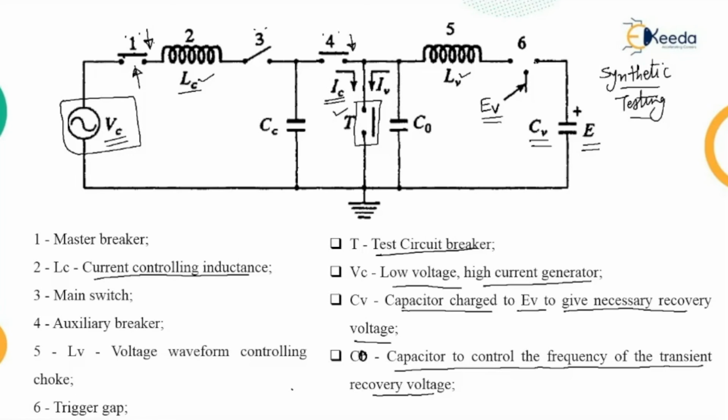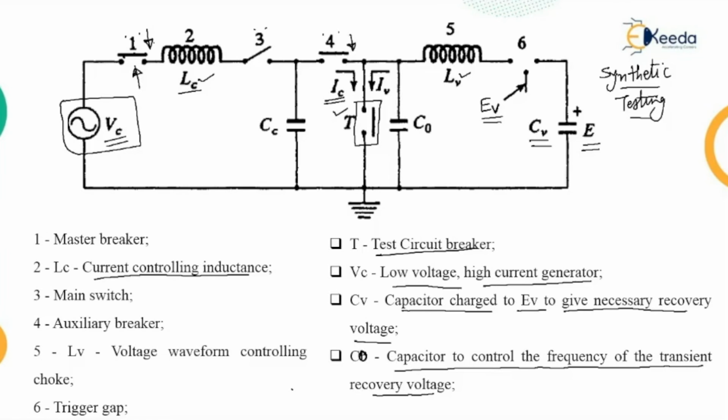As soon as the gap gets reduced, the formation of spark takes place. The higher frequency, similar to the frequency of switching and impulse, so higher frequency current from the discharging capacitor CV also flows through the arc.